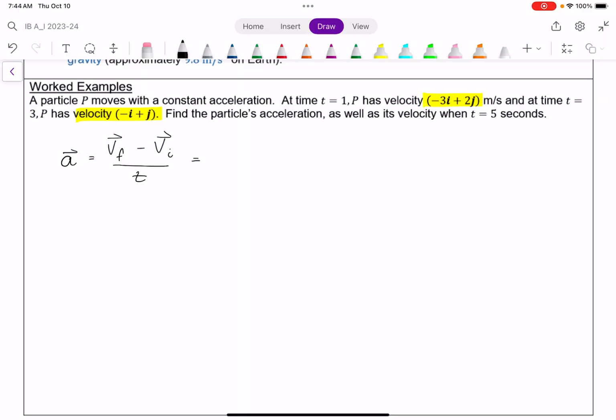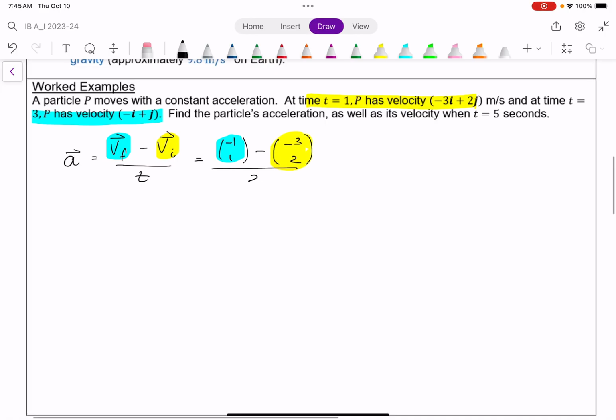So in this case, I'm going to write my velocities in vector form. I'm going to start with my final velocity. My final velocity was this, so I'll write that as (-1, 1). Take away my initial velocity, which was this, and I'll write that as (-3, 2). And all that's being divided by 2.